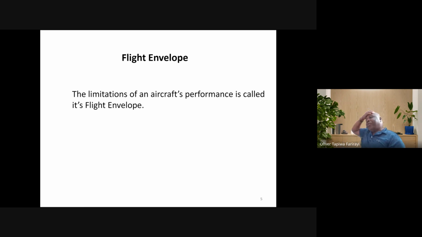Now, I want you to consider a normal envelope. When you want to send something in an envelope, first you've got the small size envelope, the medium size envelope, the big size envelope, and the extra large envelopes.